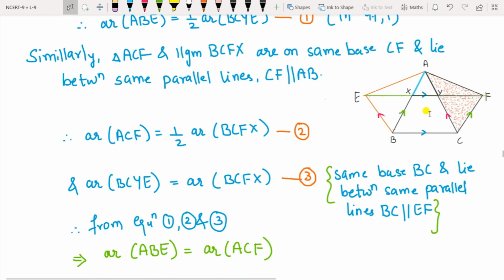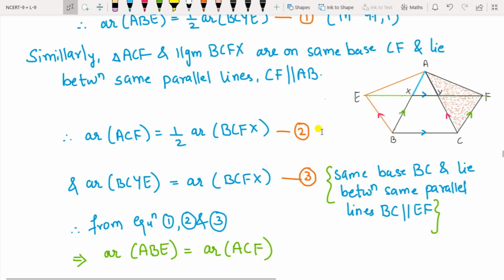Now similarly consider the triangle at this side, on the right side, ACF here, and parallelogram BCFX. They are on the same base CF here and lie between the same parallel lines, that is CF and AB here, and therefore area of this triangle ACF will be half of area of parallelogram BCFX.